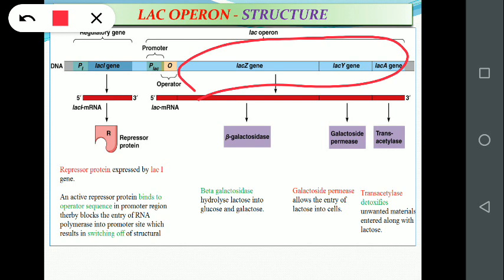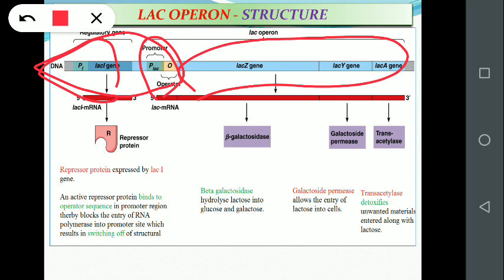So that is about the structural genes, and the regulatory gene and regulatory sequences. The regulatory gene is the lac-I gene that produces an active repressor molecule that binds to the operator. The function of the repressor is binding to the operator. The regulatory sequences are the promoter and operator.